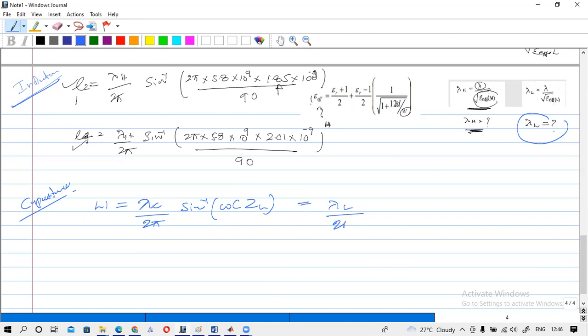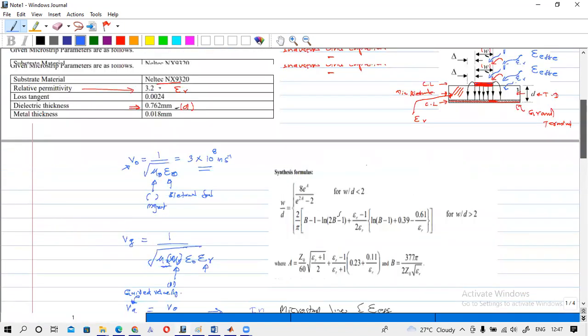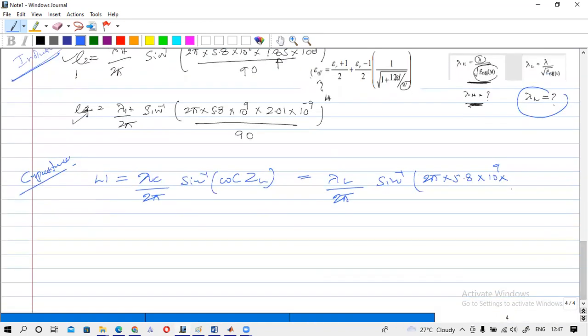Omega is 2.5 into 5.8 into 10 to the power 9. And what is the C? The first capacitance is 0.838 picofarad, that means 10 to the power minus 12. And ZL, what is ZL? That is 20 ohm. So you can calculate the L1 value.